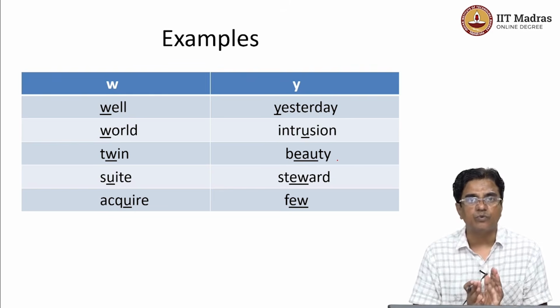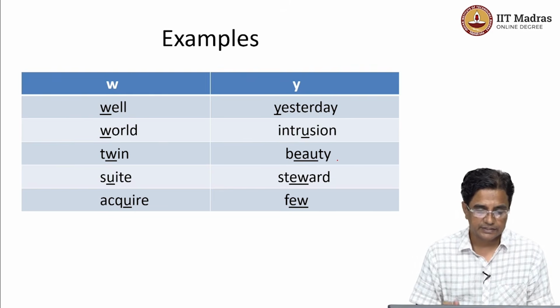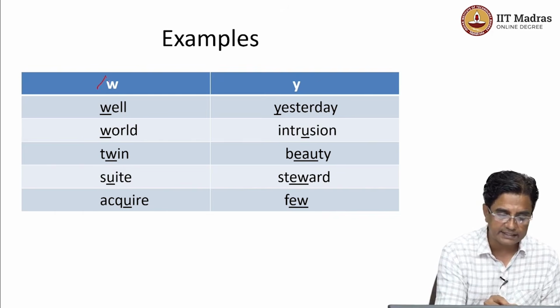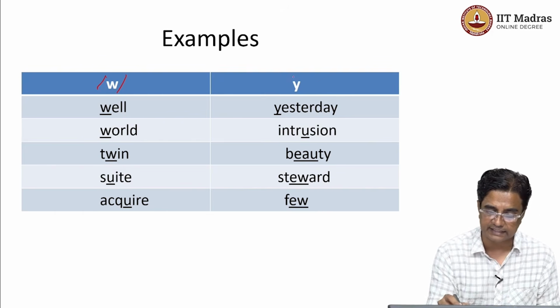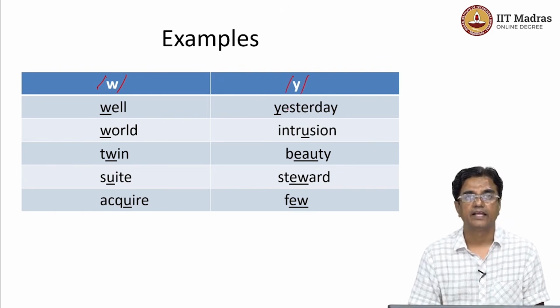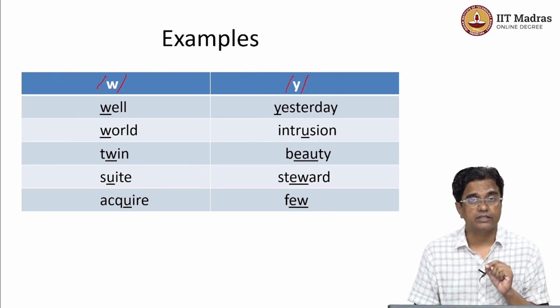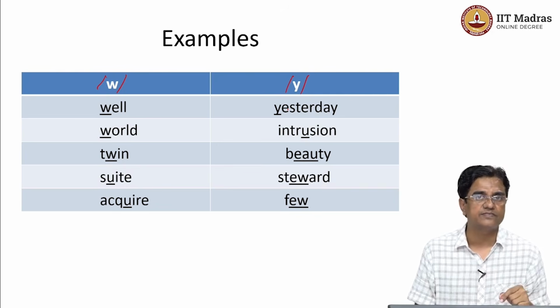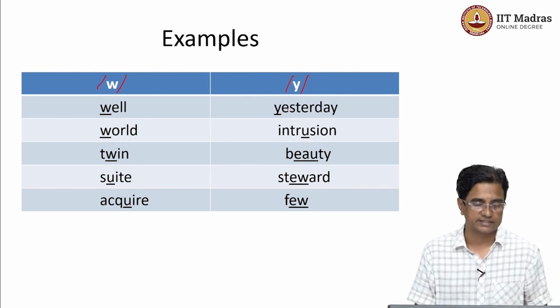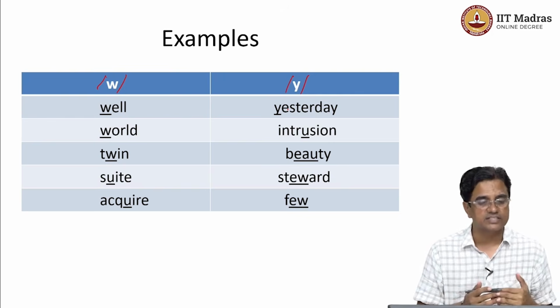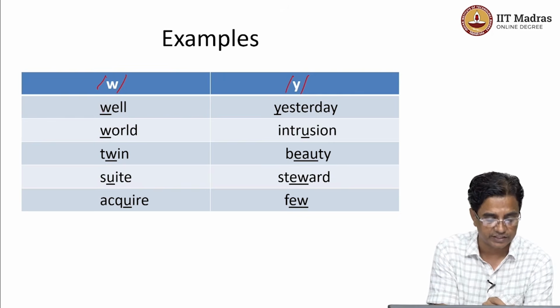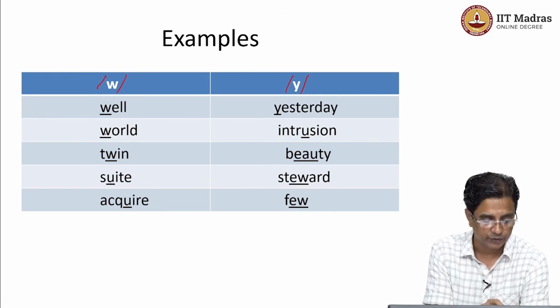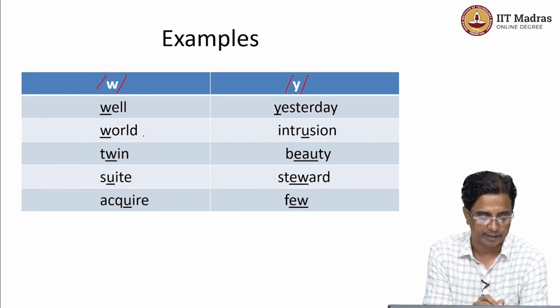Remember, these are sounds, and they are written this way with these symbols. But these sounds appear in words not always when we spell a word with these symbols. In some words they do: well, you see being spelled with W. World, you see the same thing happening.